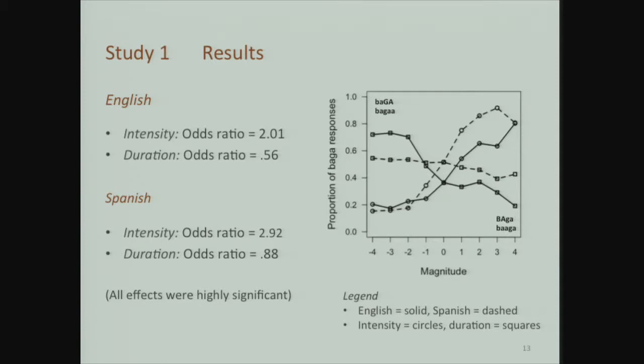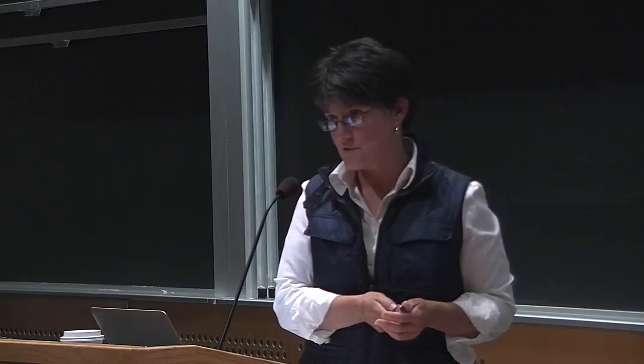And what this particular statistic tells us is that a loud-soft response was twice as likely for every unit of increase in intensity in the English case, and in the Spanish case we get an even larger effect. A unit of increase in intensity in the Spanish case increases the odds 3 times of getting a loud-soft response.